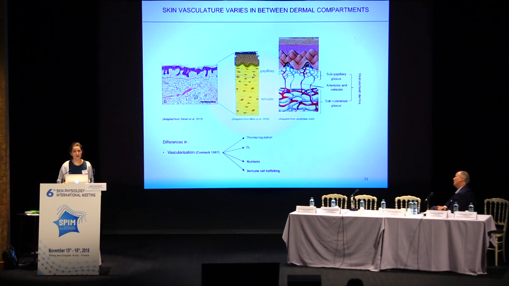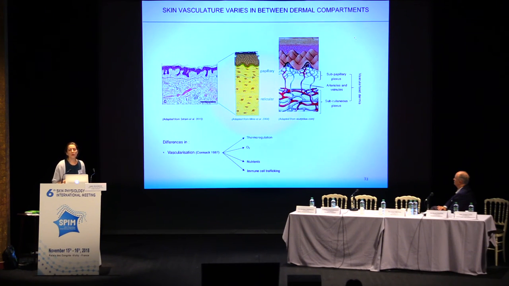Skin microvasculature is essential for skin homeostasis. This includes thermoregulation, immune cell trafficking, and oxygen and nutrient supply. It has a very specific architecture, represented here. We have a very dense subpapillary plexus that gives rise to many capillaries in the papillary dermis and connects to a subcutaneous plexus via a network of arterioles and venules.